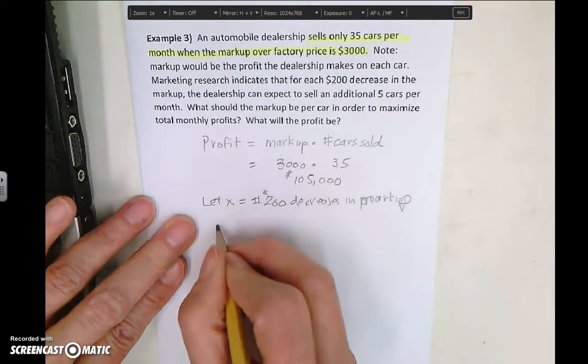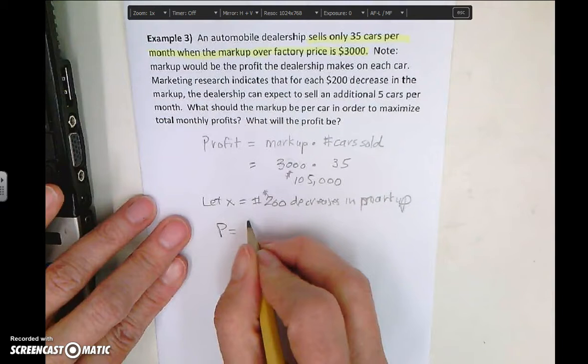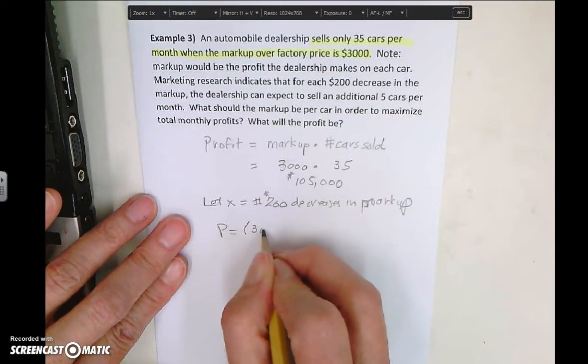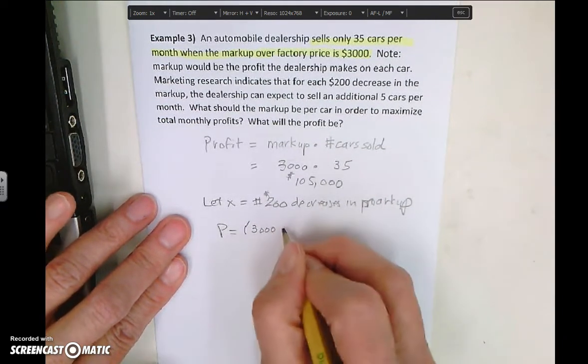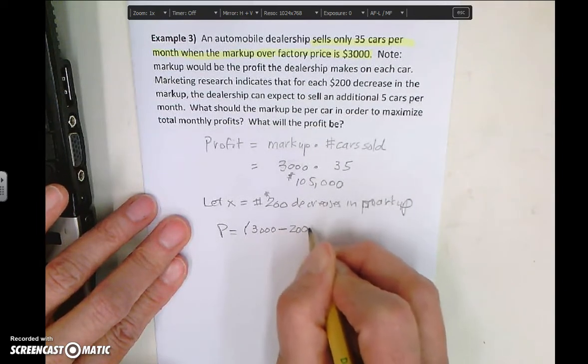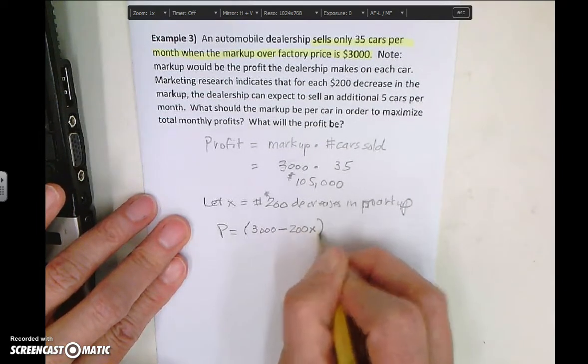All right, so then the profit would be equal to the markup, which was initially $3,000, and we're going to decrease it, so subtract $200 in different increments.